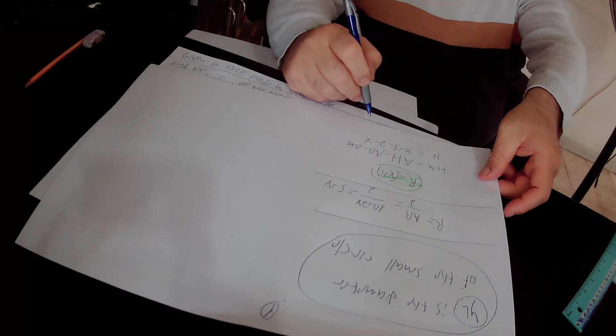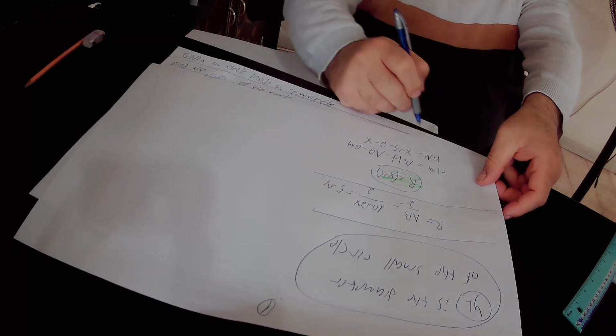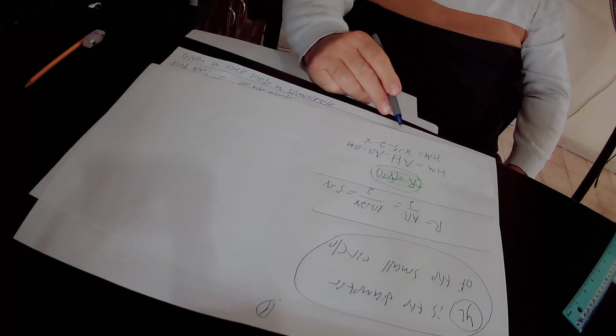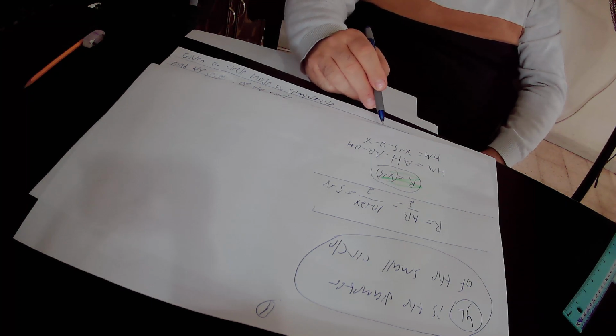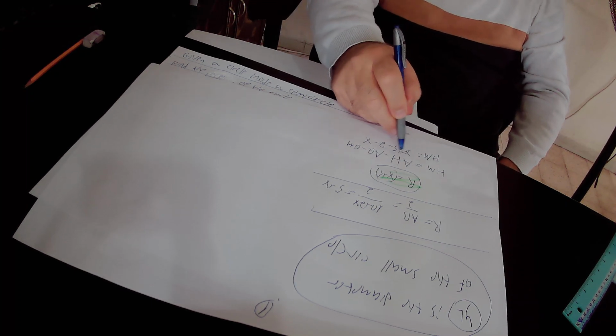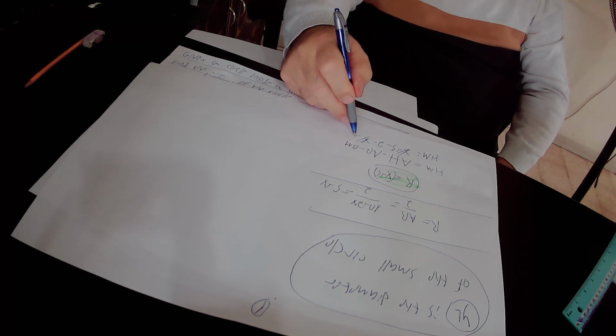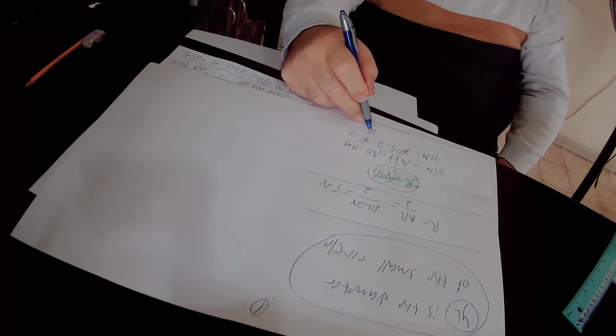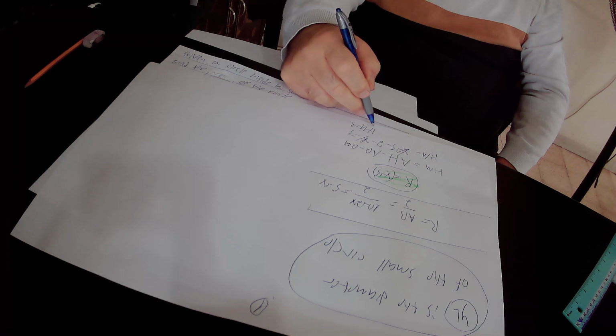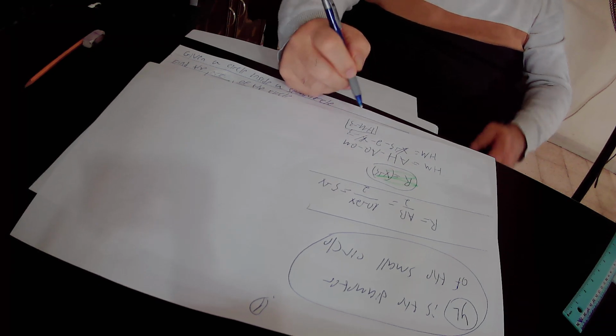So in total, the missing side EM equals x plus 5 minus 2 minus x. X minus x is 0, so x gets cancelled, and 5 minus 2 is 3. So the missing side EM equals 3 units in its length.